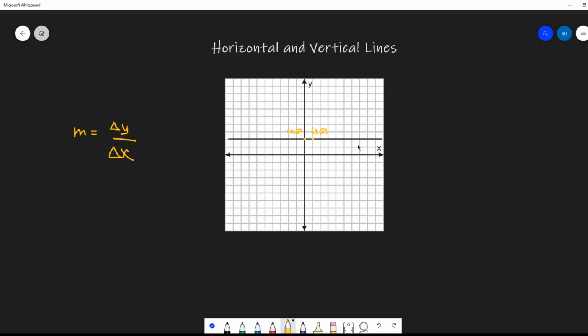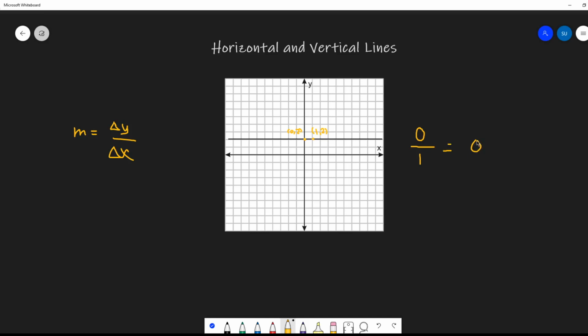So now we can calculate the delta y and delta x of these. So the delta y would be none, because 2 minus 2 is 0. So delta y is 0, and we put that over the change in x. And the change in x here is going to be 1, because 1 minus 0 is 1, right? And we see that the slope is 0.